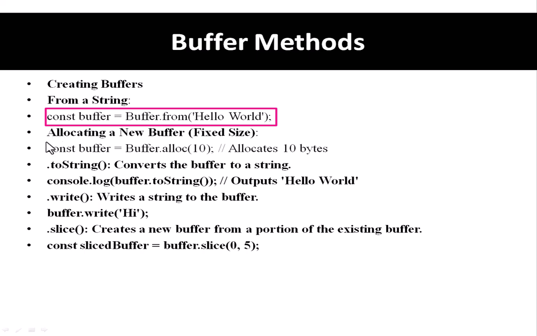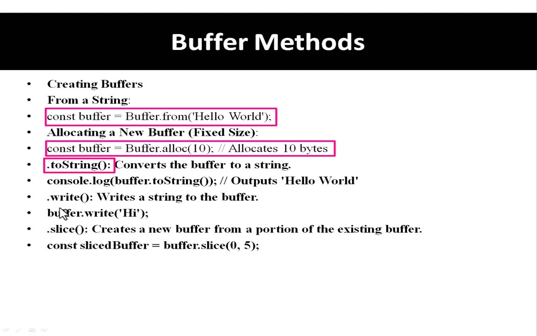Next, using the toString method, you convert a buffer to a string. Here you have given a constant buffer where you give the text hello world. It is allocated as a buffer, and whatever text is in the buffer you convert into a string. Next, here we are using the write method. Before, we used buffer.write, and we are using hi.